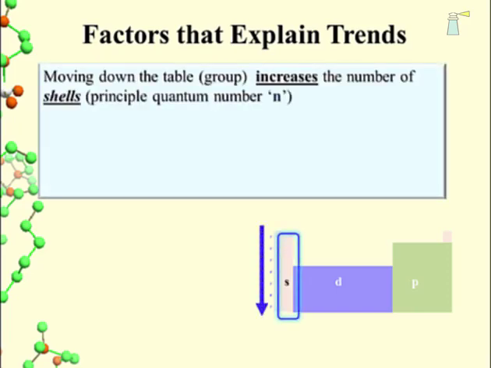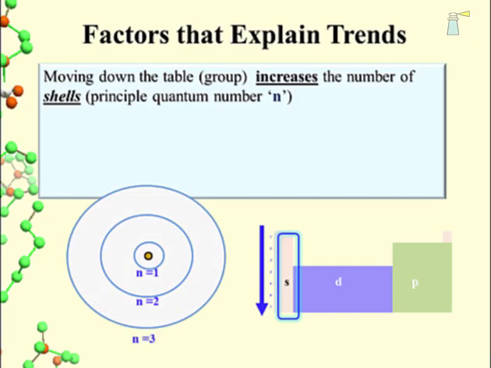Remember that moving down the table or down a group increases the number of shells. That's the principal number n. n equals 1, then n equals 2, n equals 3, and so on. The larger the shell, the bigger the orbitals.